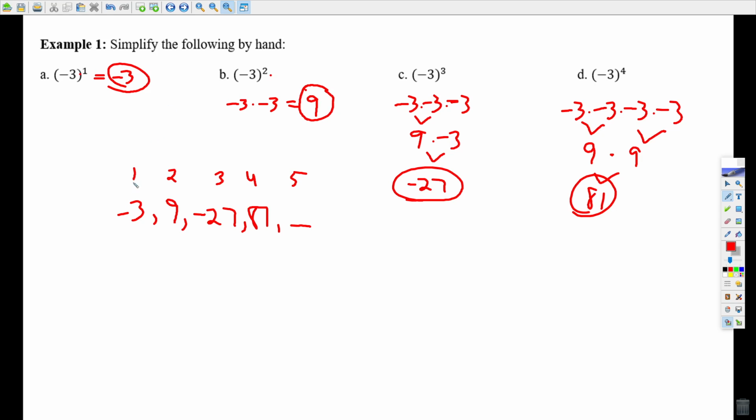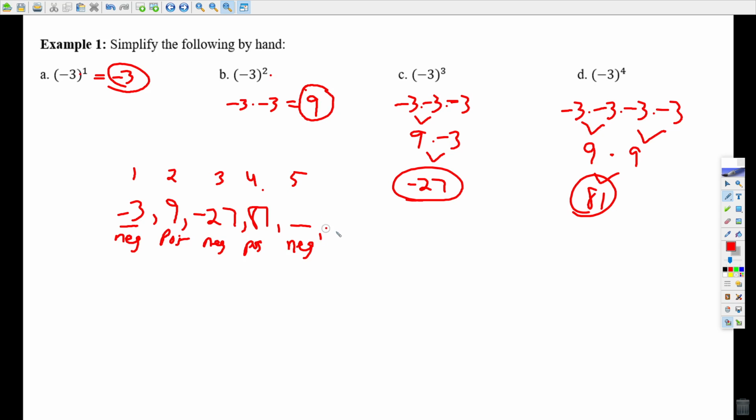So our first number, when we use the first power, we got a negative number, right? Negative. When we went to the second power, squared, we got positive. We went to the third power, we got a negative. Fourth power is positive. Any guesses as to what the fifth power will be? Of course, it's going to be a negative.